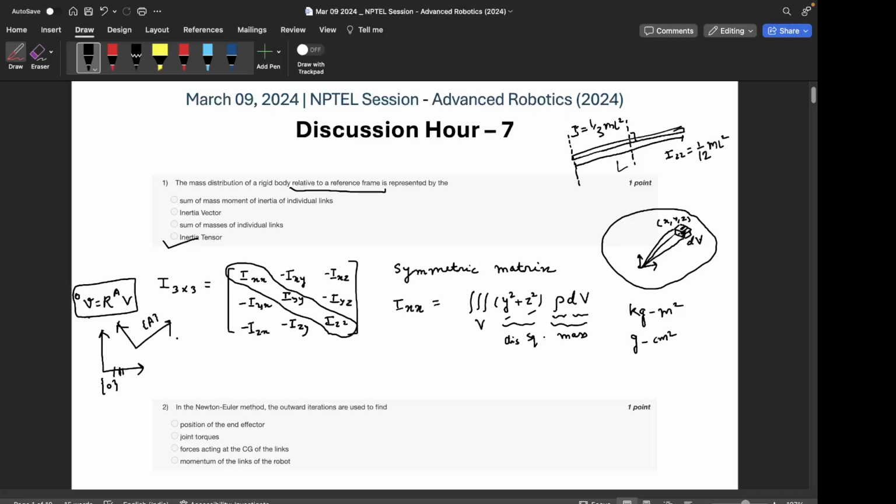But for the inertia tensor, for matrices, the transformation takes place differently. Let's say the frames are the same, and I want to transform the inertia matrix from the A frame to the O frame. It will be something like this.